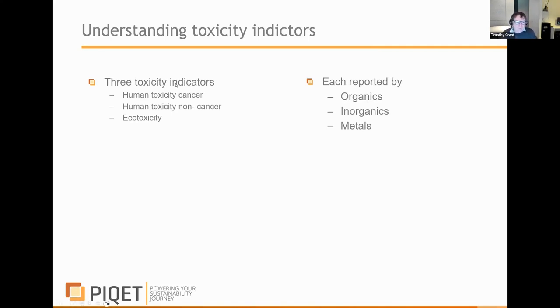But if you do want to look at the toxicity indicators, it's now generally recommended that you provide the breakdown of the 3 toxicity indicators: human toxicity, carcinogenic, human toxicity, non-cancer, and ecotoxicity, and that we break them down by contributions from organic chemicals, from inorganic chemicals, and from metals.